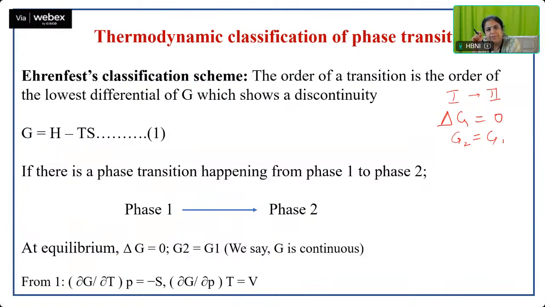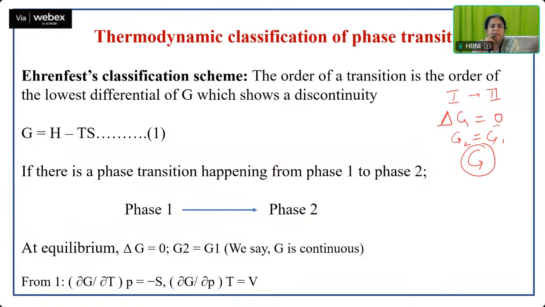Because at phase transition temperature, the free energy of phase 1 is equal to the free energy of phase 2, resulting in delta G being 0, we say that free energy G is continuous at equilibrium. So continuity means that that particular thermodynamic parameter does not change at phase transition. This is a term that I wanted to make a little clear before I talk about other things.